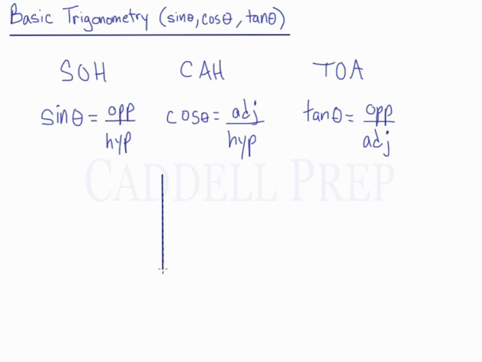So let's make a right triangle. Say this is the angle theta, and then let's define the sides. So first of all, the side opposite the right angle, so the side across from the right angle, is the hypotenuse.